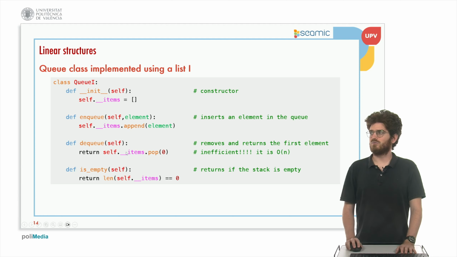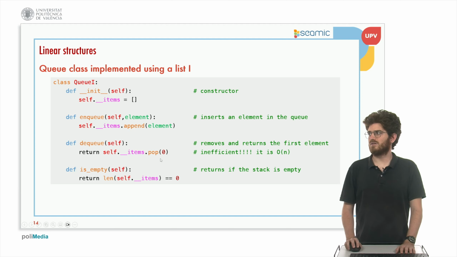But then, if we want to remove an element, we need to remove it from the beginning, from the start of the list. Because we are using a FIFO strategy, we need to extract it from the 0th position of the underlying list. Finally, we can just check for whether the list is empty to respond to the isEmpty method.